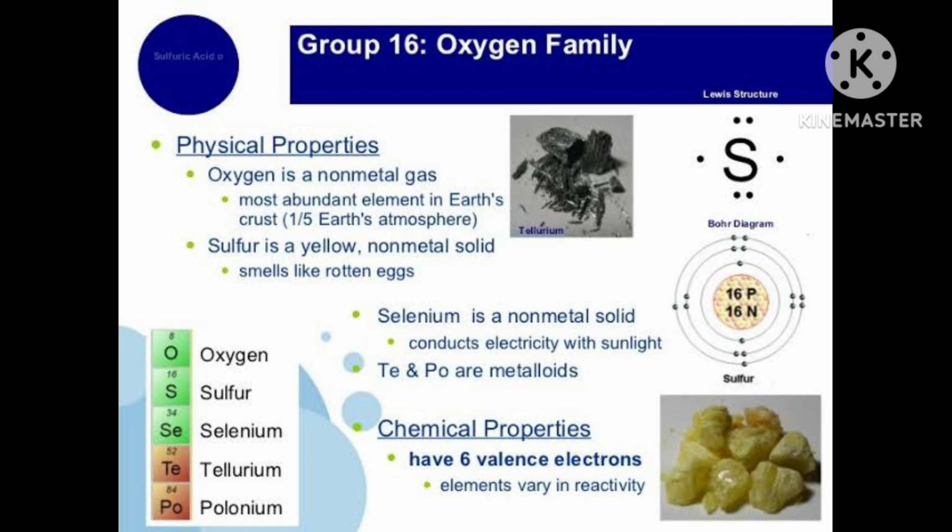Now the EO3 type. Besides the EO2 type, sulfur, selenium and tellurium also form EO3 type oxides like SO3, SeO3, TeO3, sulfur trioxide, selenium oxide, tellurium oxide. Both types of oxides, EO2 and EO3, are acidic in nature.